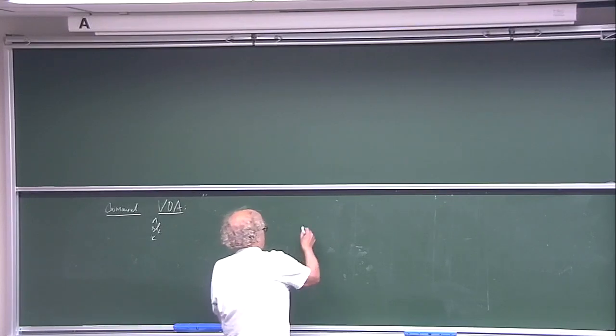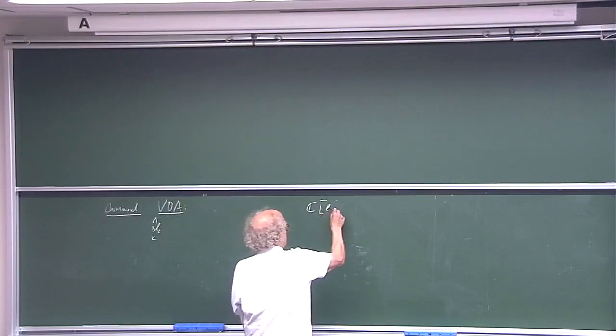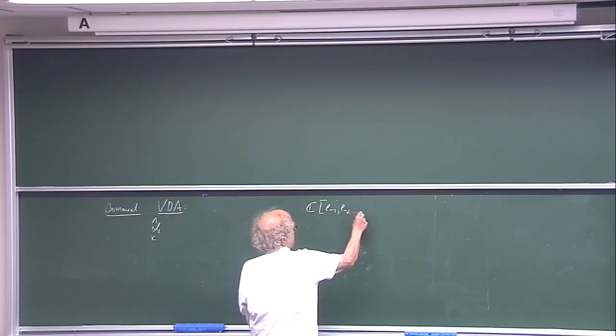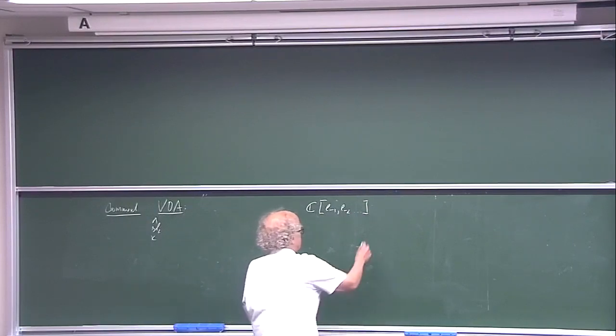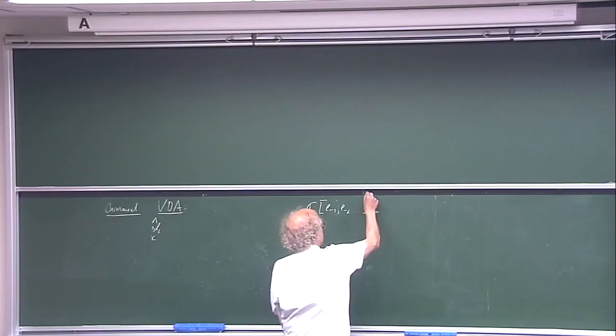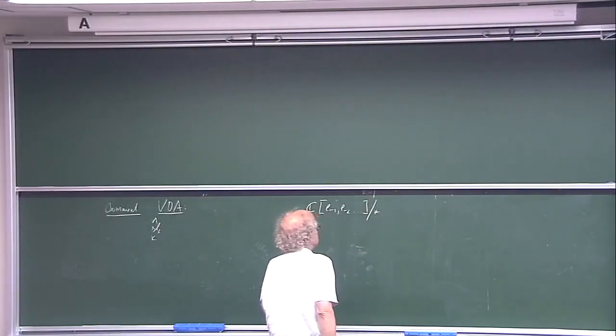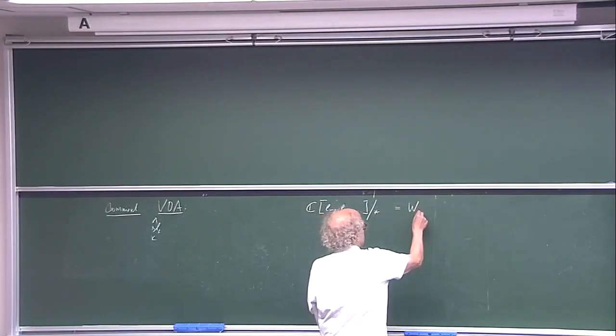So I had, for example, C, E minus 1, E minus 2, and so on, factorizing by relations for k equal 1 for simplicity, and it was my space W0.